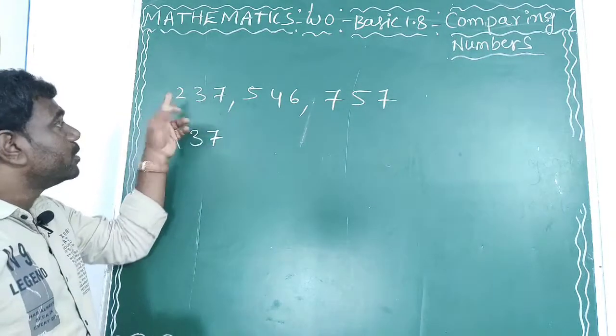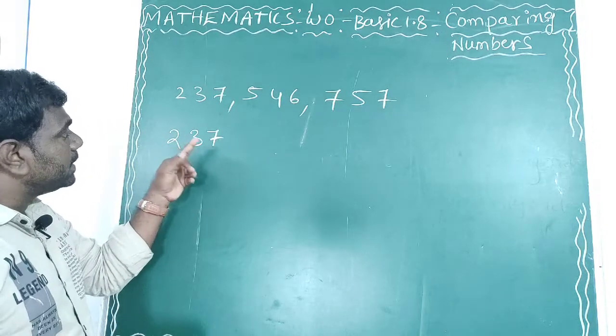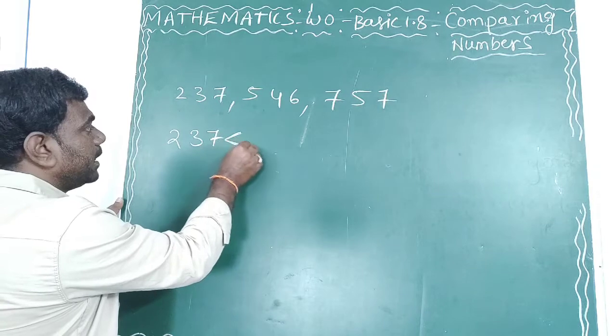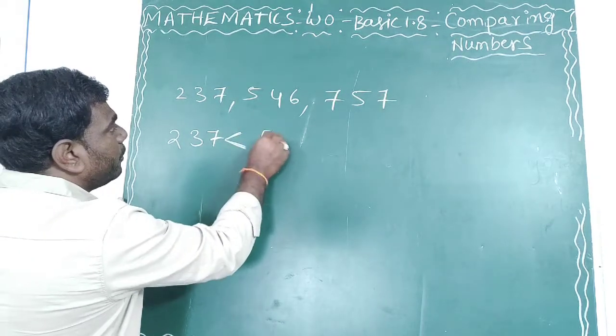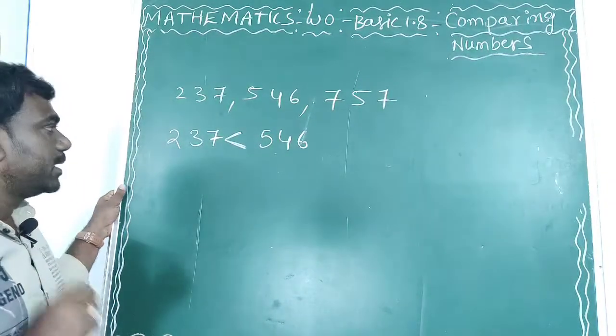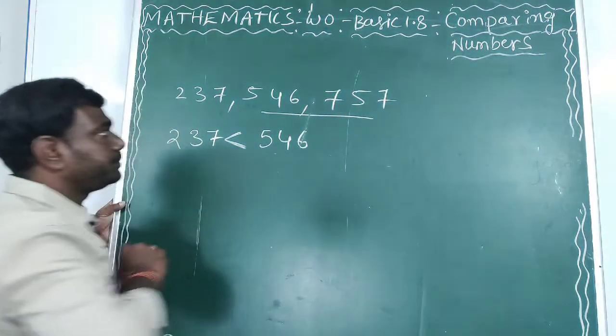Compared to 5, 2 is less. That's why I write 237 lesser than 546.